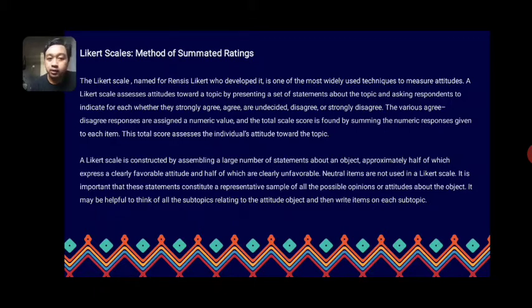It is important that these statements constitute a representative sample of all the possible opinions or attitudes about the object. It may be helpful to think of all the subtopics relating to the attitude object and then write items on each subtopic.